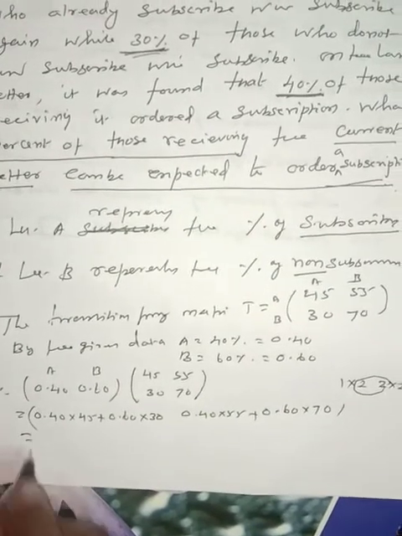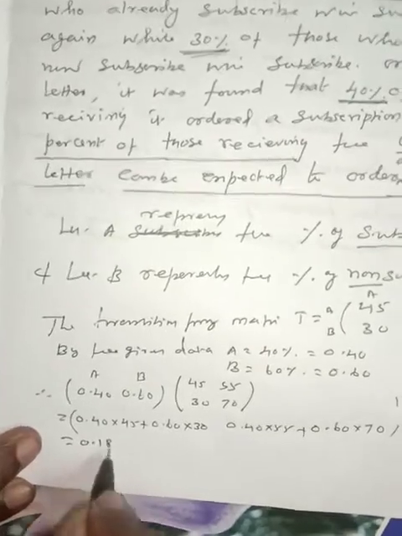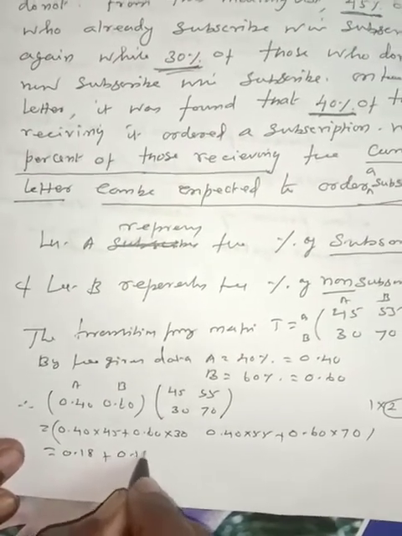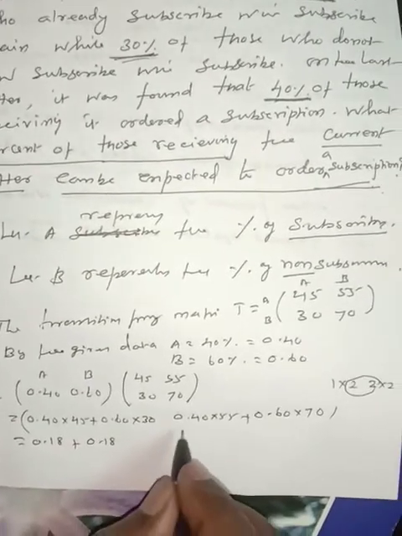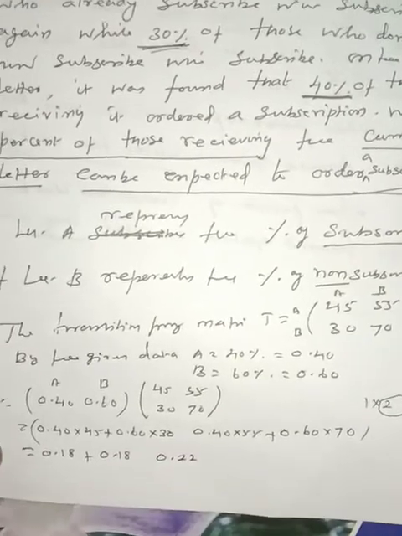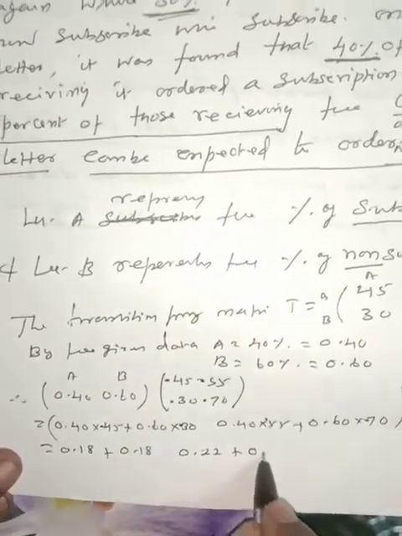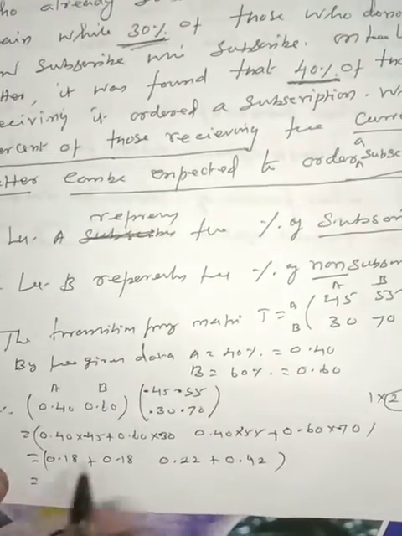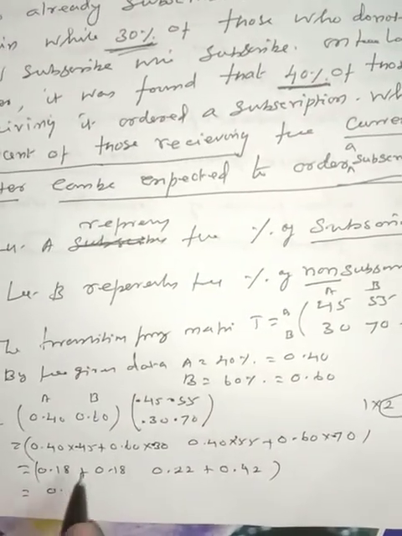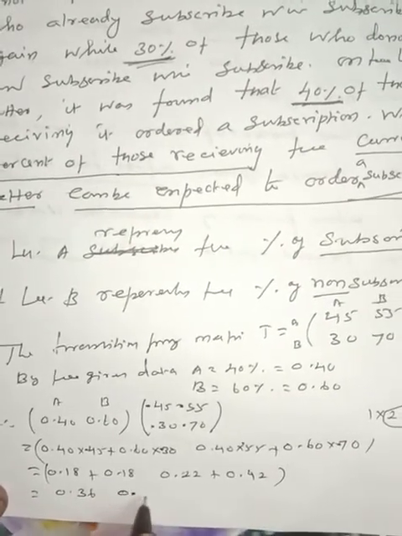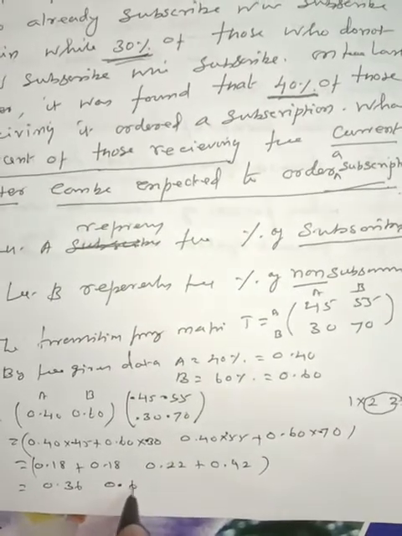That is 0.18 plus 0.18, 0.22 plus 0.42, which is equal to 0.36, 0.64.